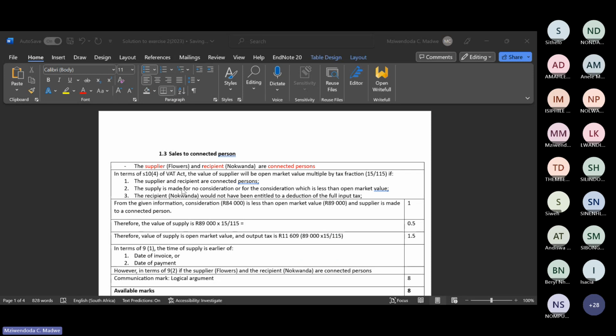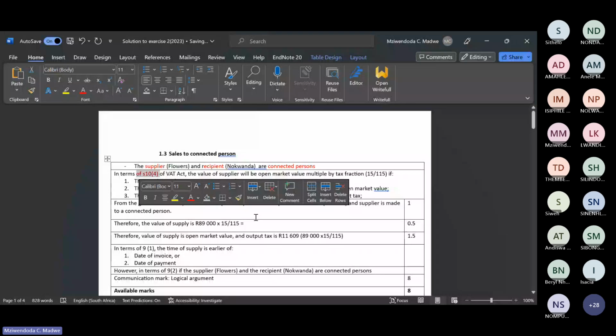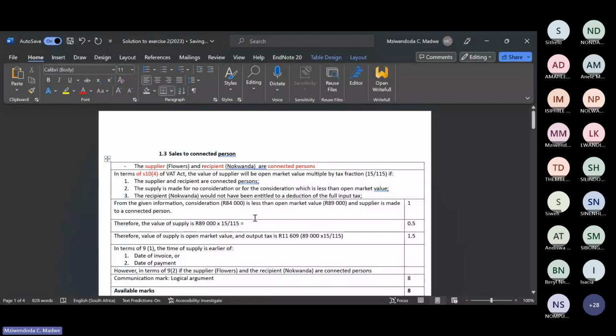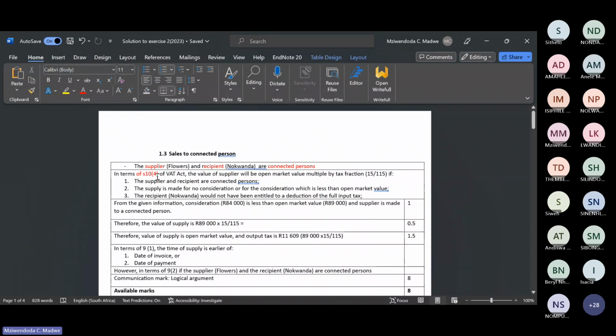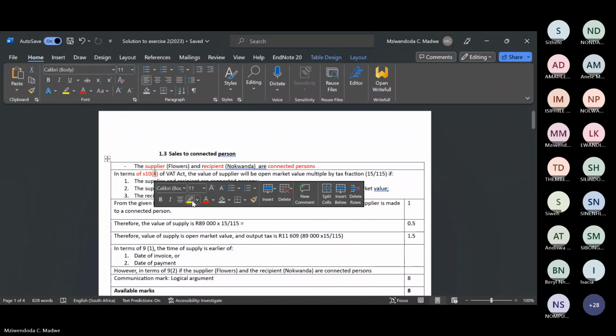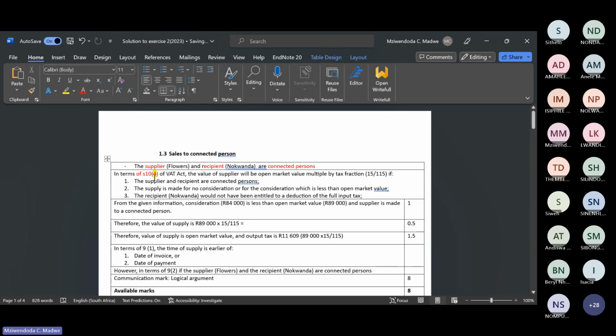The next thing that you have to indicate is how I am going to calculate the value. Remember, to calculate the value you use section 10. But to be specific, you go to section 10, subsection 4, which talks about connected persons.